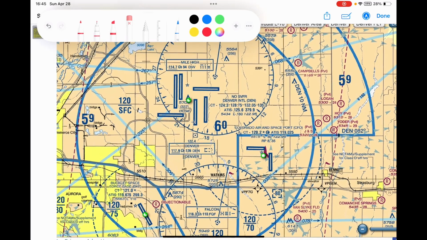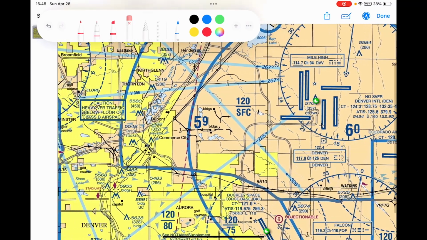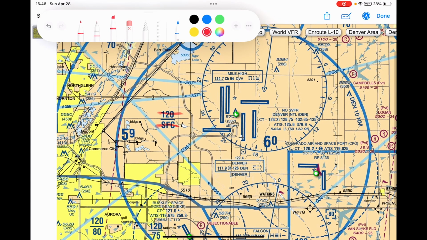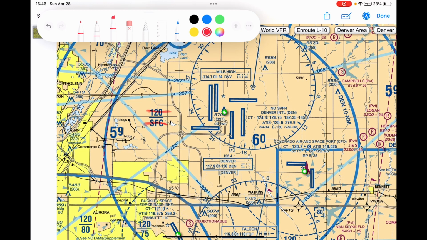This is why this separation exists. So basically, if we trace out the boundary, from the surface to 12,000 feet, that's under Denver control. So you cannot be flying in this unless you have specific clearance from air traffic control to be operating in that airspace, which is rare as a VFR aircraft.